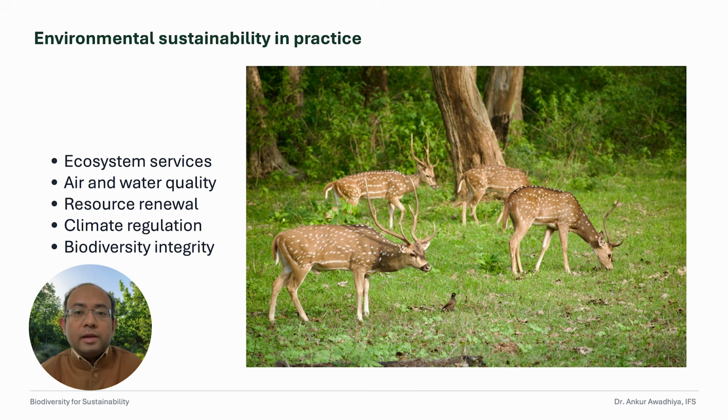Vegetation influences climate and local temperatures. Biodiversity integrity means that living communities remain sufficiently intact to keep these functions operating. When any of these systems weaken, environmental sustainability also weakens.